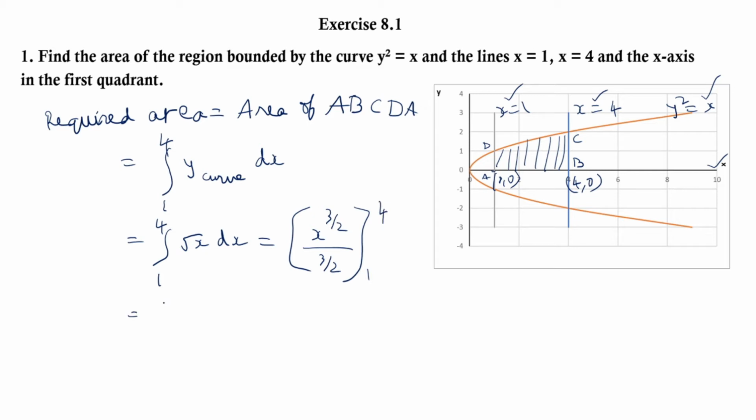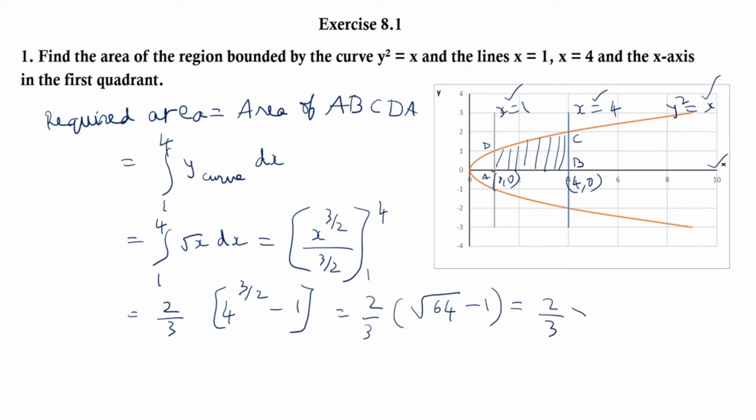So this is equal to 2 by 3, I am keeping it outside, 4 raised to 3 by 2 minus 1. This is nothing but 2 by 3 into square root of 64 minus 1. Square root of 64 is 8. 8 minus 1 is 7. So 2 by 3 into 7.